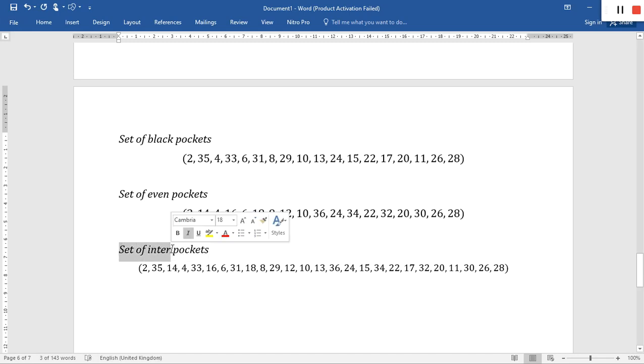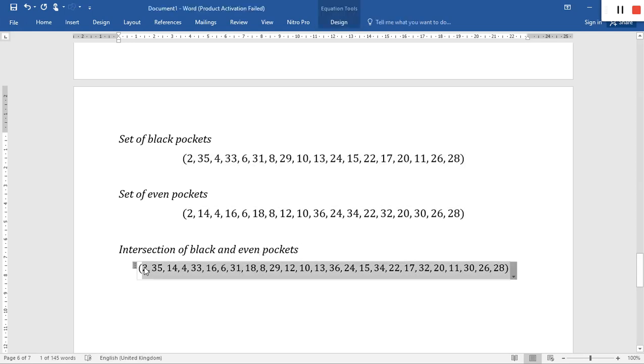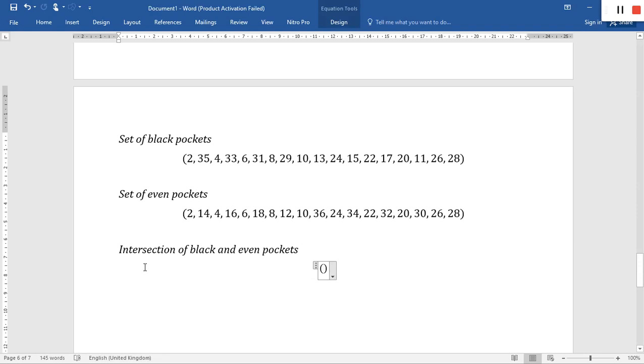So the intersection of both pockets. So instead of having set of black or even pockets, let's check the intersection. So I'll be removing this. So tell me the numbers that occurred twice or more.